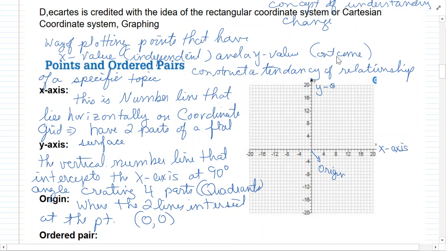This is the y-axis. These are quadrants. Quadrant 1, quadrant 2, because it goes counterclockwise, quadrant 3, and then quadrant 4, using Roman numerals. And the Roman numerals so you don't get confused with the numbers.